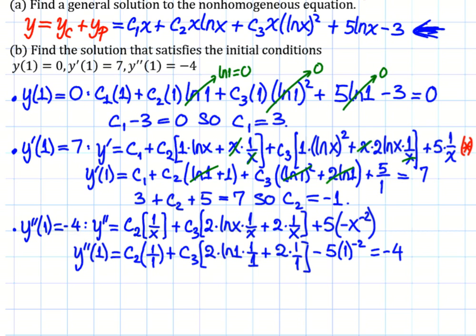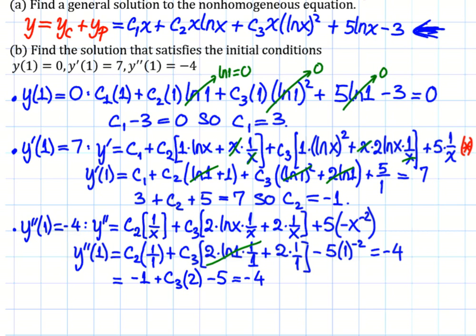And we simplify, we should have C2, but C2 from the previous problem we have is negative 1. So we have negative 1 for C2. C3, ln of 1 is 0. And so we just have 2 C3 minus 5 equal to minus 4.